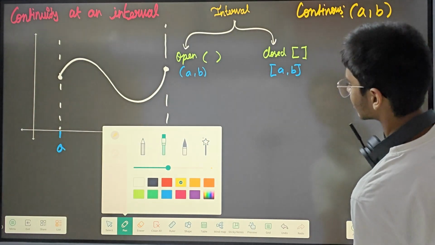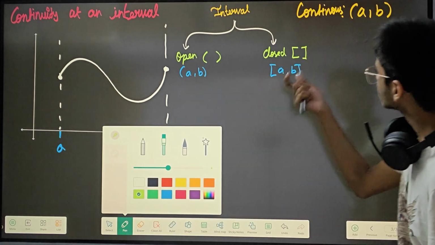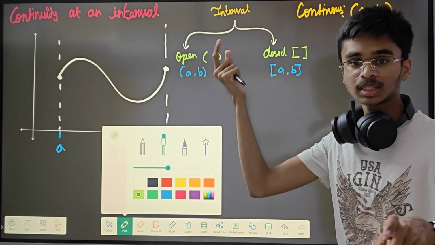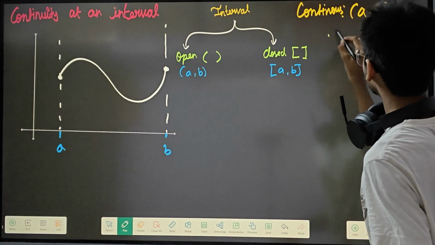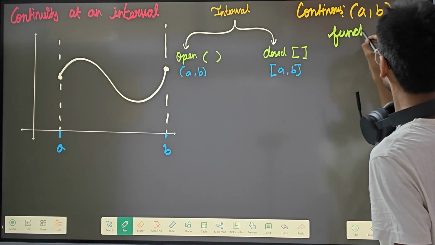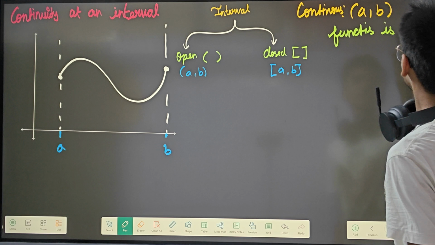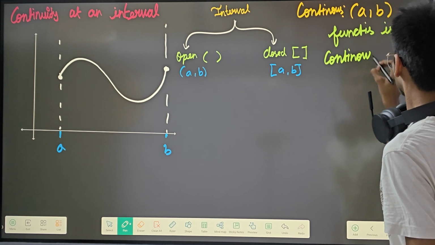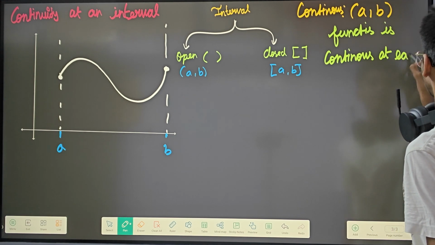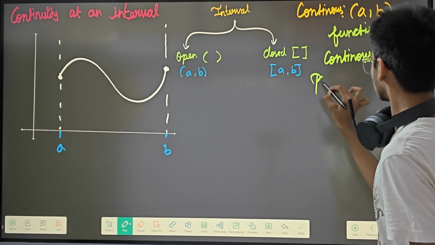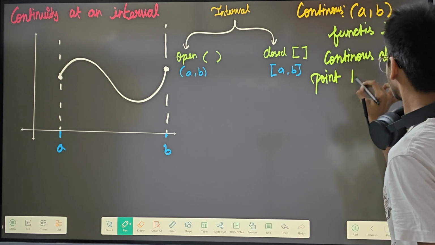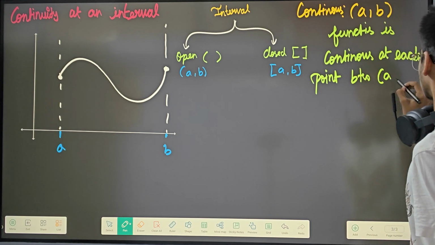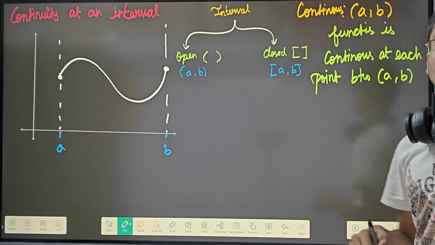What does it mean? If it is continuous in this interval, then that actually means that the function is continuous at each point between A to B.